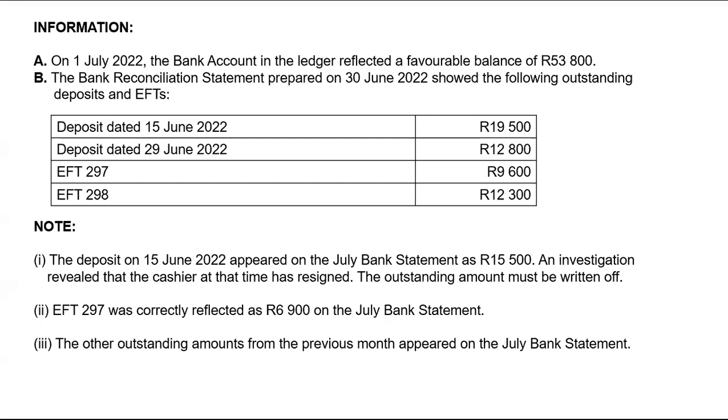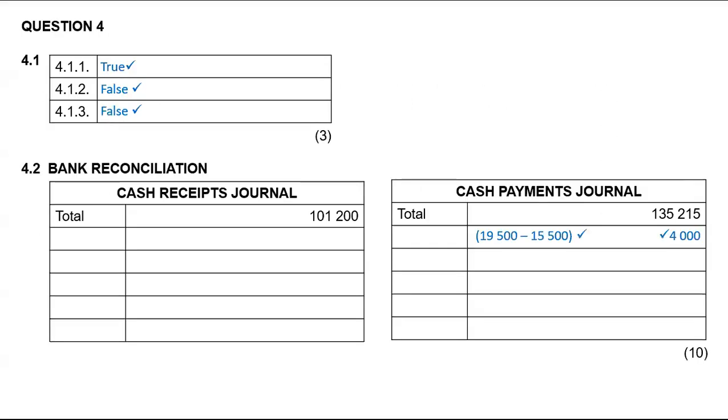For us to add back the difference, we'll have to record it in the cash receipts journal. You'll find the difference between 9,600 and 6,900, which will be 2,700, and you'll put it in the cash receipts journal. If the mistake was made by the bank, we were going to record it in the bank reconciliation statement, but the mistake was made by us.